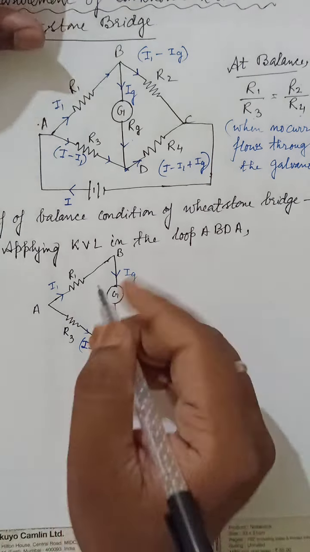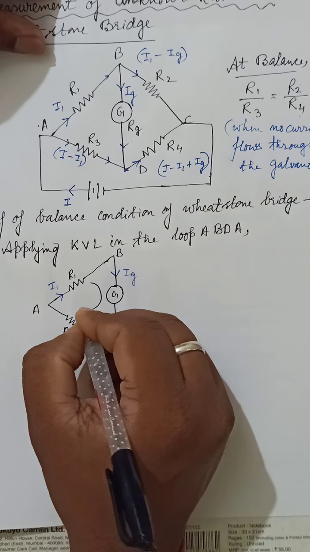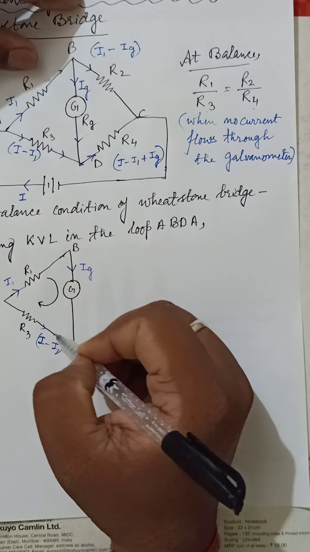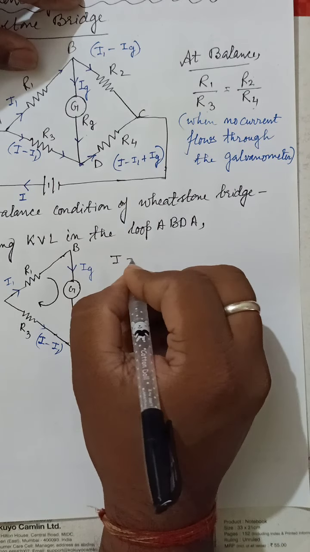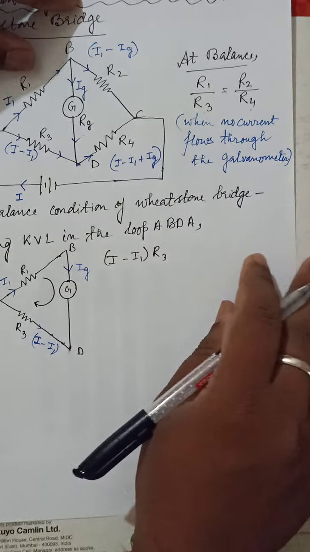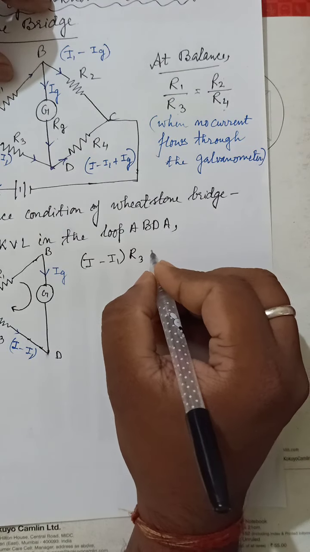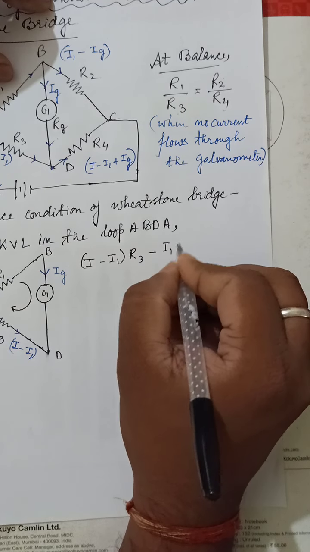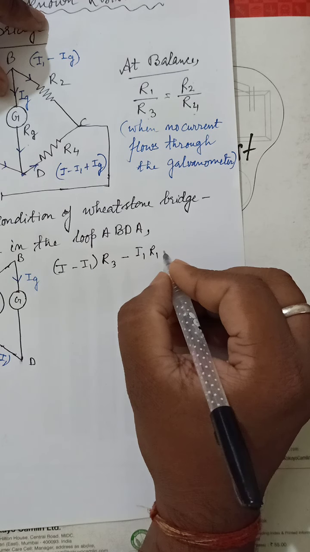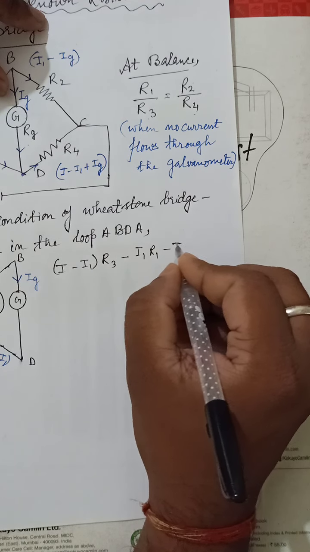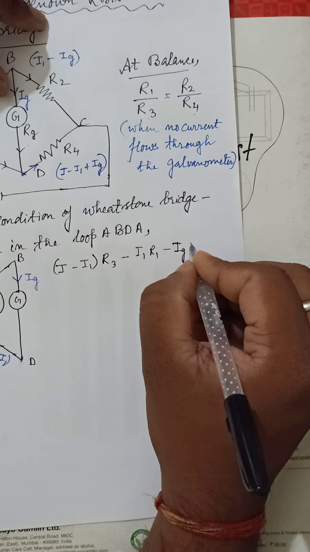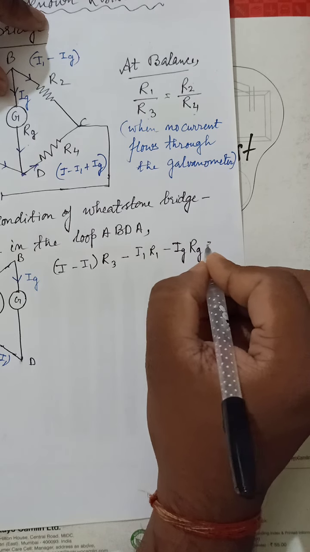Now if we take the convention in clockwise direction, then the equation can be written as I minus I1 into R3 minus I1 R1, and this one is also with direction of current, so minus Ig into Rg, that is the resistance of the galvanometer, equal to 0.